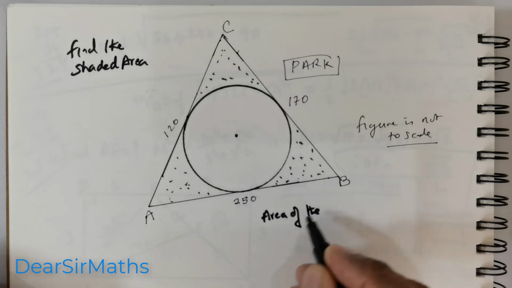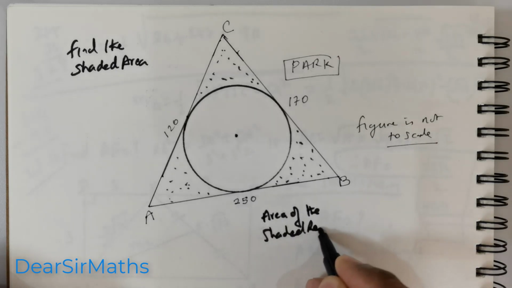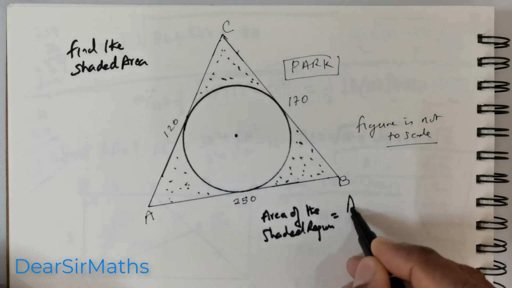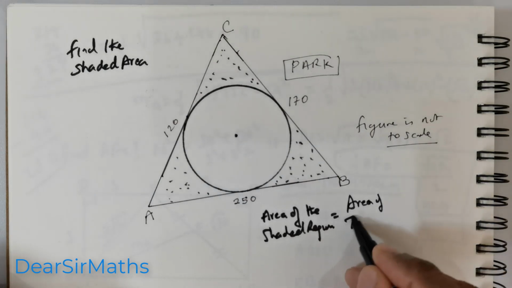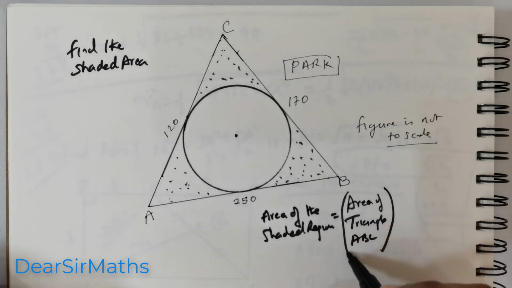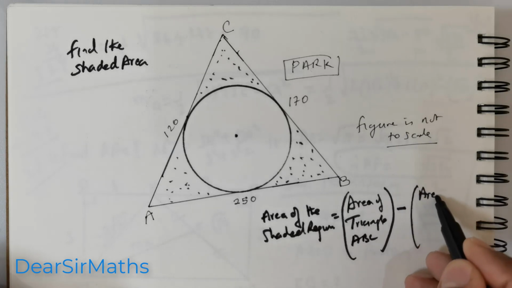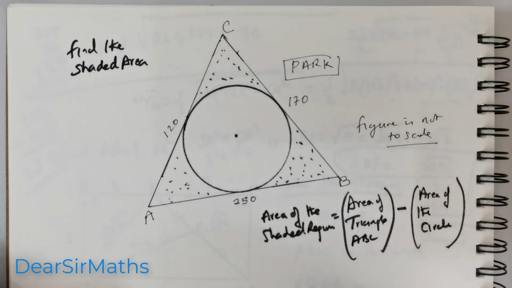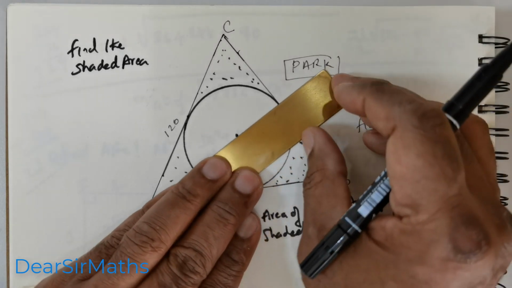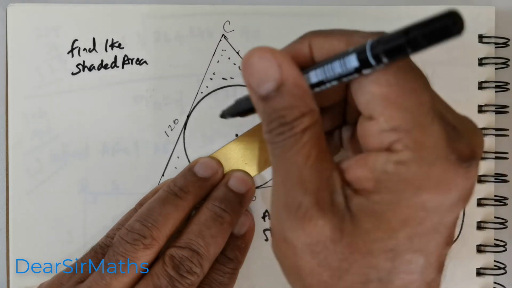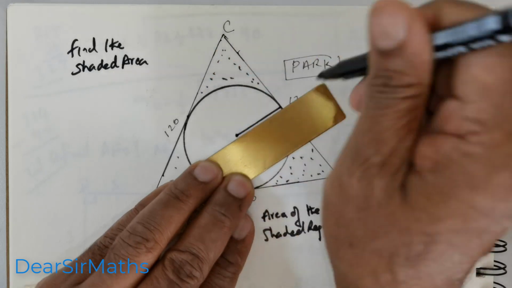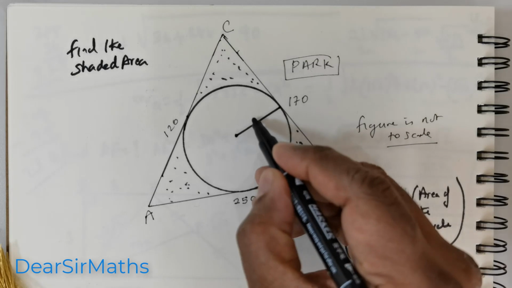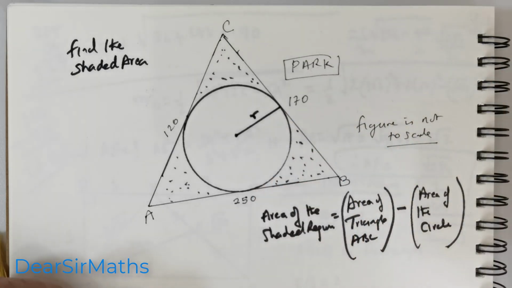Now to get the area of the shaded region, what are we to do? Area of the shaded region is nothing but area of the triangle ABC. From the area of the triangle you subtract the area of the circle, right? But apparently we are not given the area of the circle, except that if I were to connect this point from the center to one of the bases, I know this region is R. That's all I know, right?